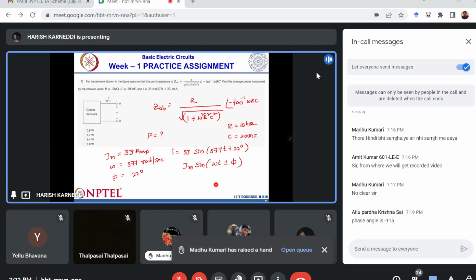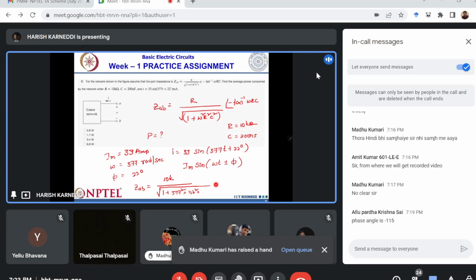From these values, we will put all of them into the impedance equation. ZAB equals R, that is 10k, by square root of 1 plus 377 square, omega square, into R square, that is 10k square, into C square.